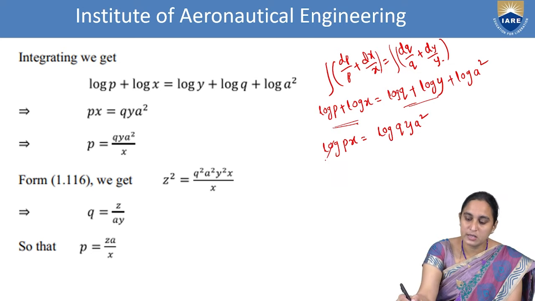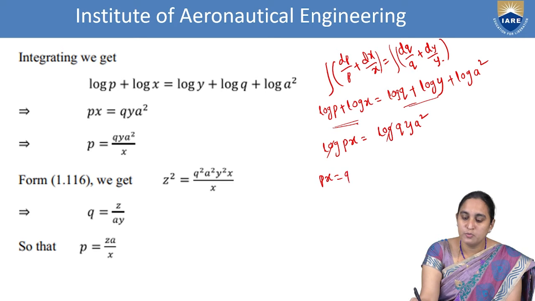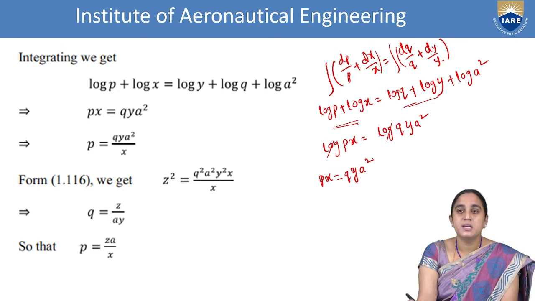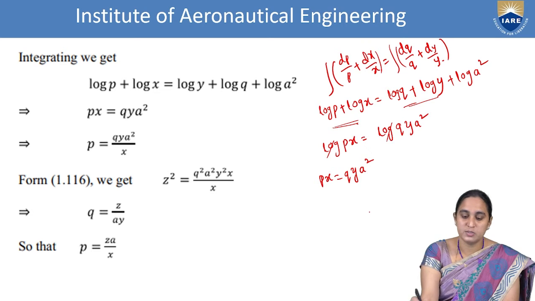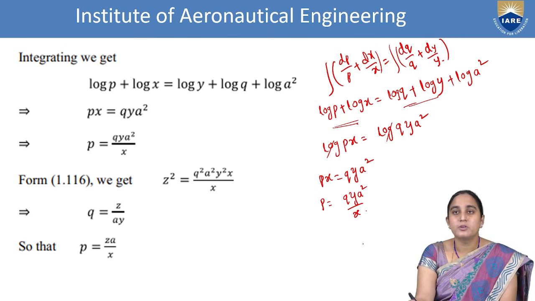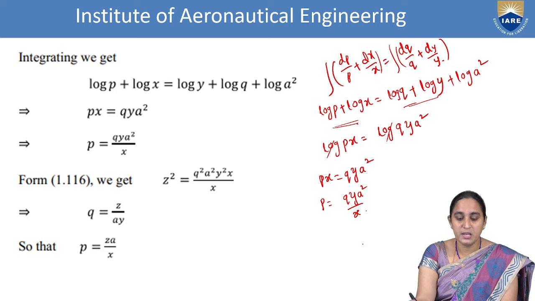Both sides logarithmic cancel, then px is equal to qy a square. From that I'll take the p value. What is p here? P is equal to qy a square by x.